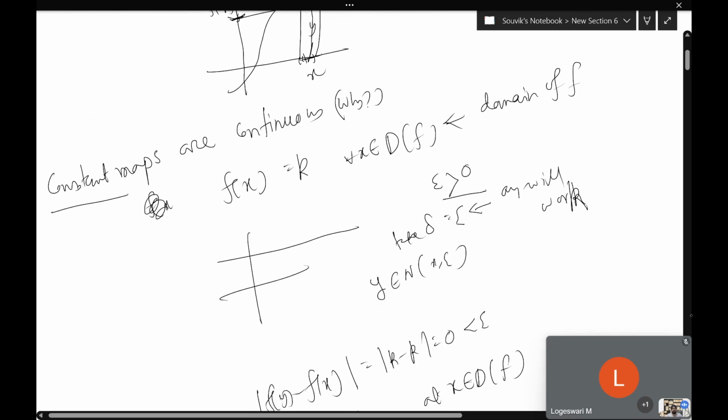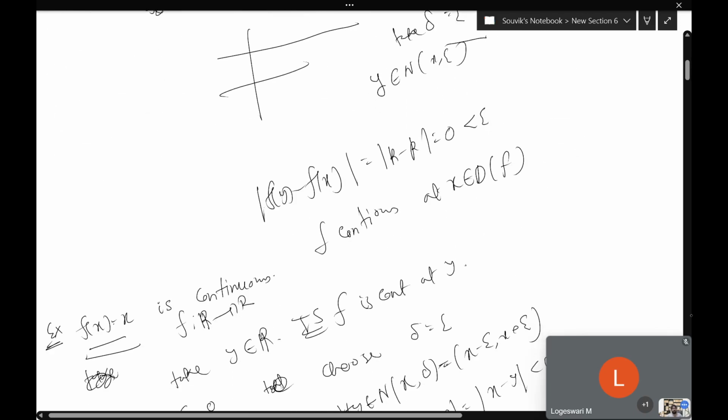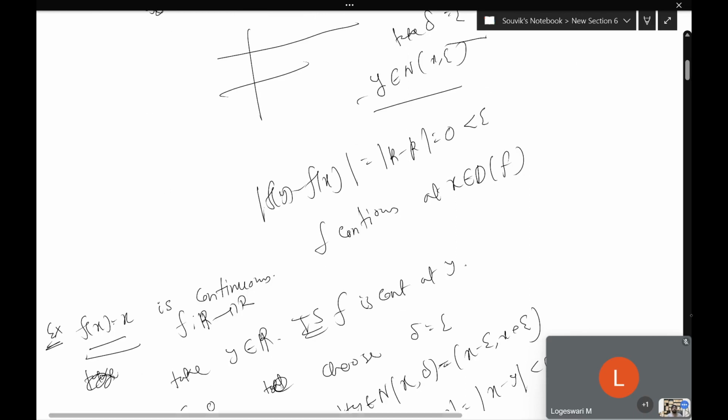So here choose any delta, and if we choose y to be in the delta neighborhood of x, then |f(x) minus f(y)| is 0, which is less than epsilon. So it's continuous at every x belonging to D. Okay.